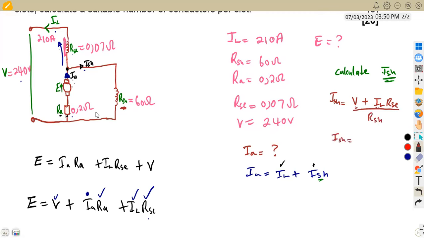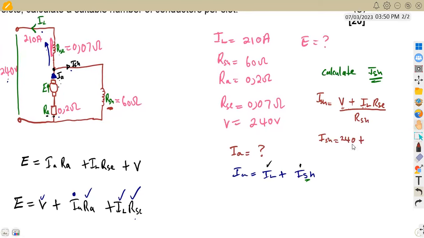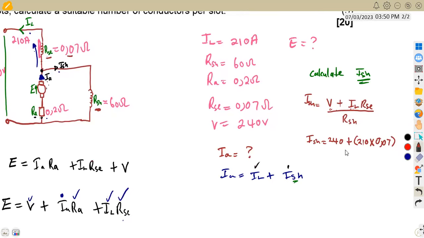That is going to be V, which is our terminal voltage of 240, plus the load current from the load here, 210, times the series resistor of 0.07, everything over the shunt resistor of 60 ohms. All right, so this means we are going to obtain our shunt current.